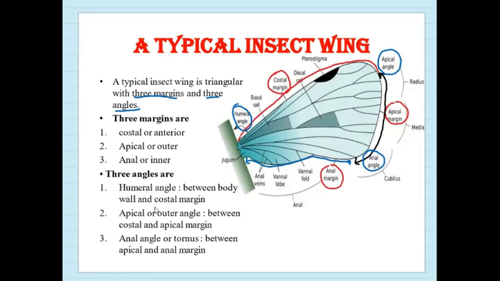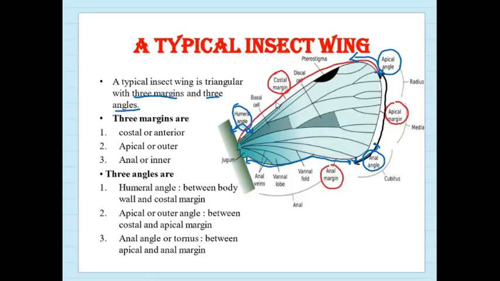If we take a note on these angles: this is the humeral angle, the apical angle lies here, and the anal angle lies here. The humeral angle is between the body wall and costal margin.